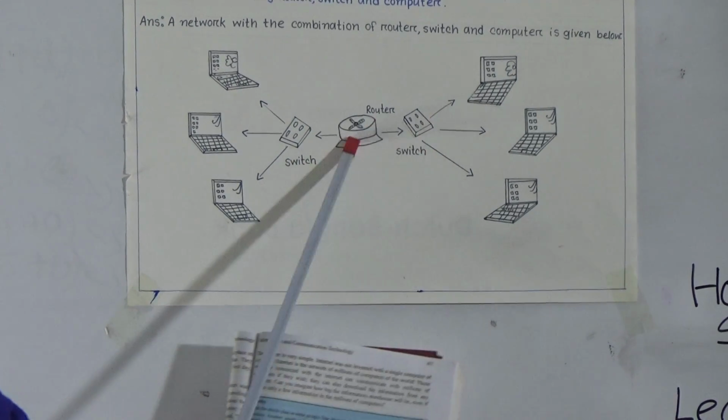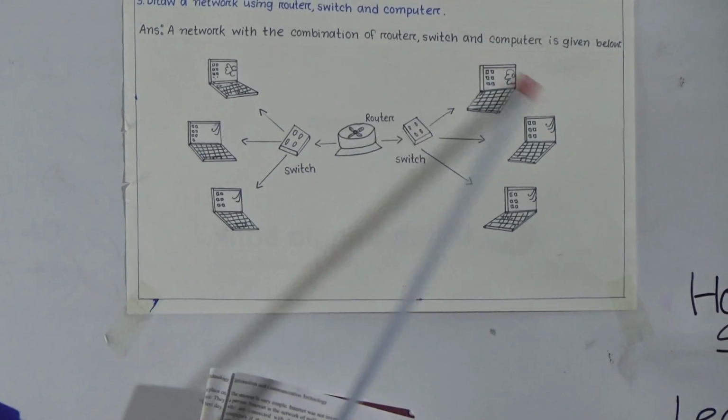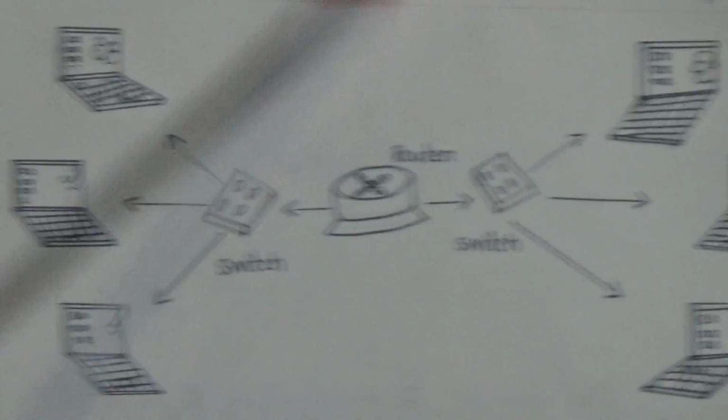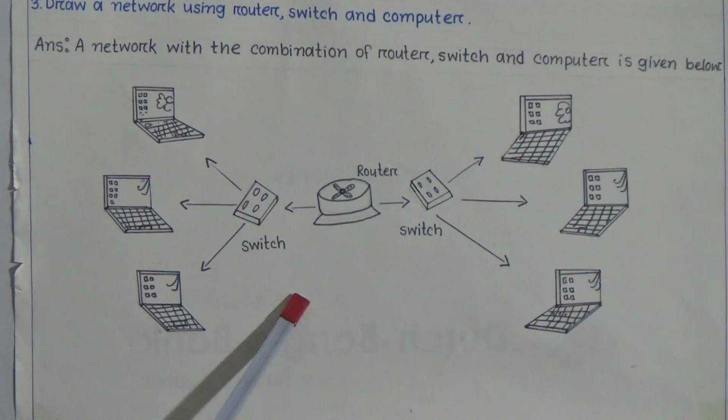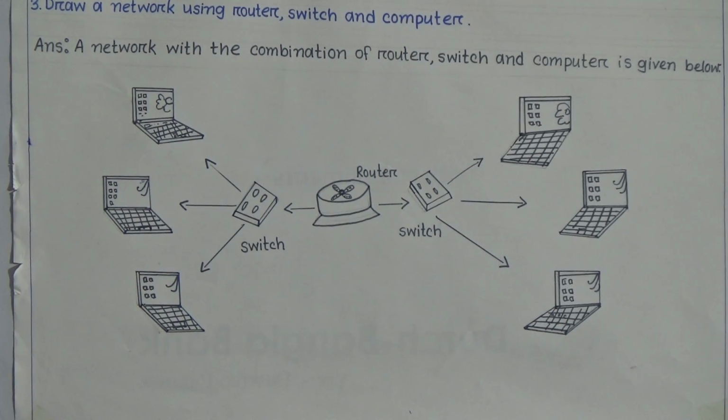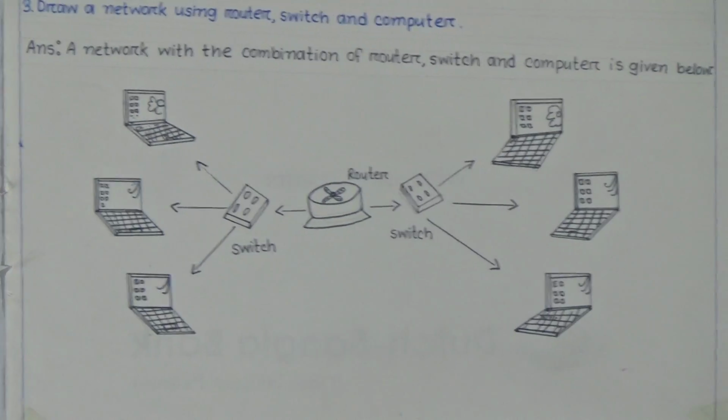So with this router and switch we can connect all computers together. I hope you are able to draw the picture using router, switch and computer. That's our answer to question 3.